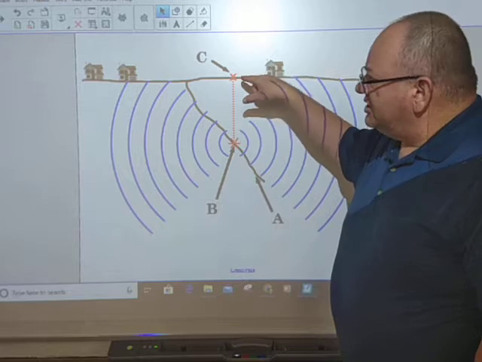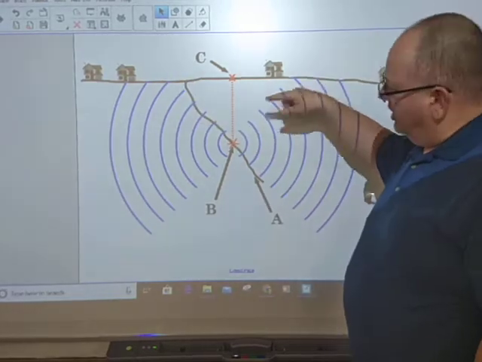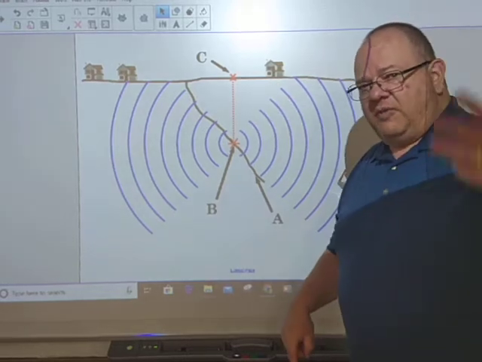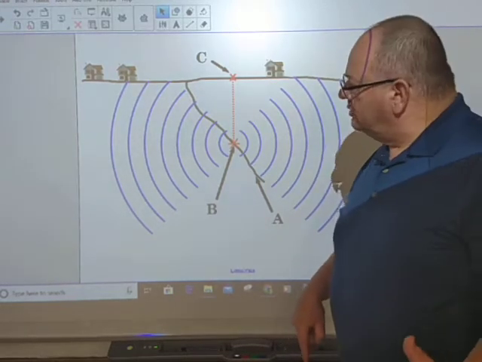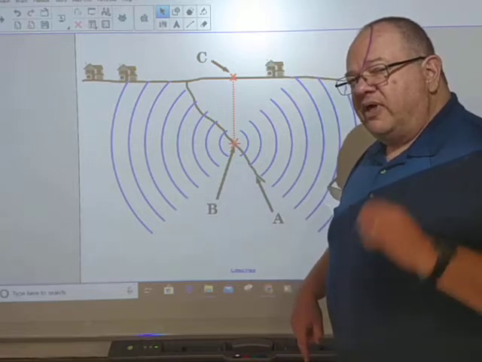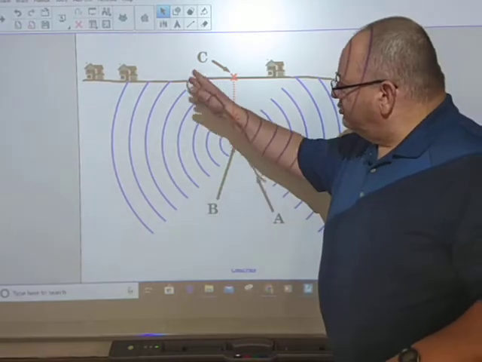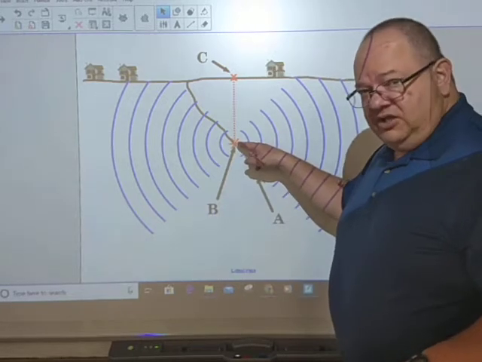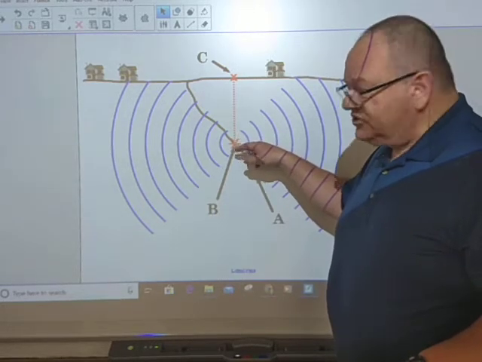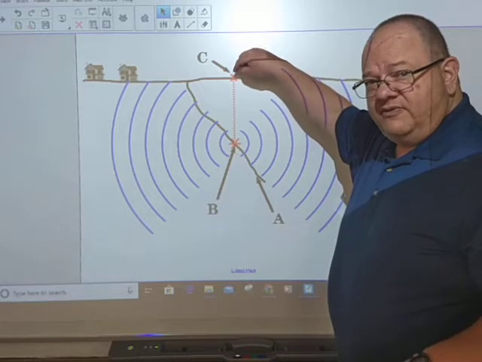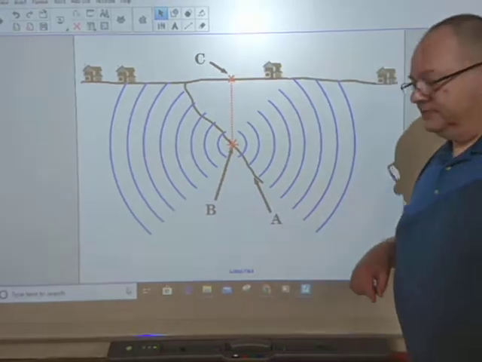C is on the surface of the Earth, and it is directly above our focus. Think back, what's the term for that? Hopefully you came up with epicenter. So we have a fault where the earthquake happens in the Earth is called the focus, and the point on the surface directly above the focus is the epicenter.